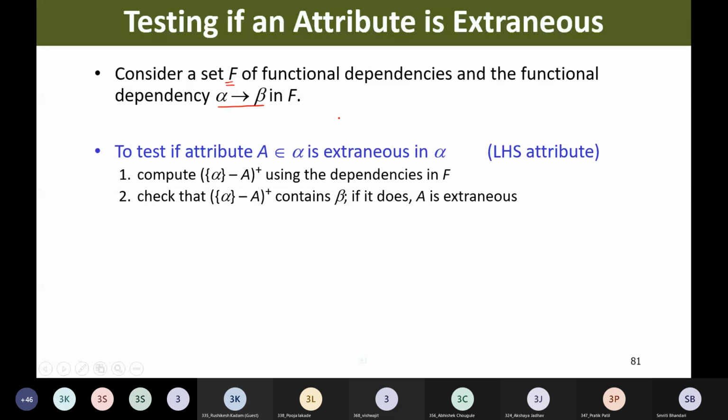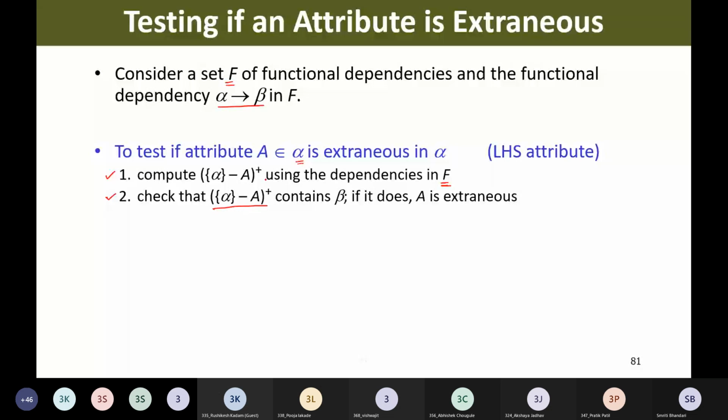Step number 1, compute the closure of alpha minus A using the dependencies in the original set F. I'll check whether this closure contains the right hand side of my dependency.